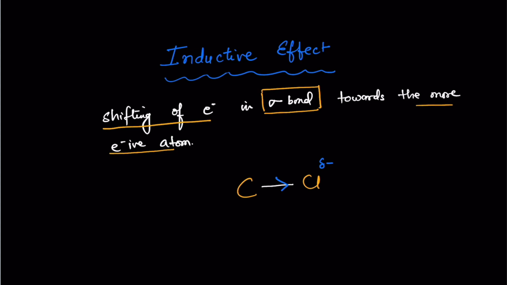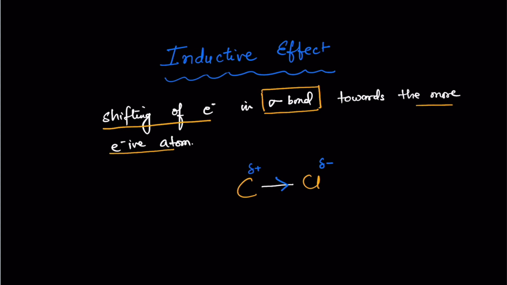Since electrons have moved away from the carbon atom, it will develop a partial positive charge. Okay, so there is a tug of war going on between the carbon and the chlorine atom, and chlorine is winning because it is more electronegative and it is pulling the electrons towards itself. But it does not want to break the bond.